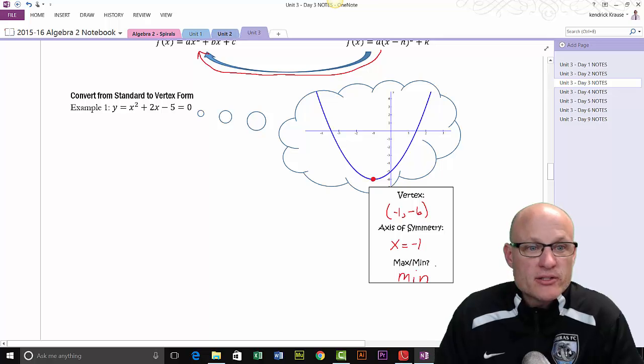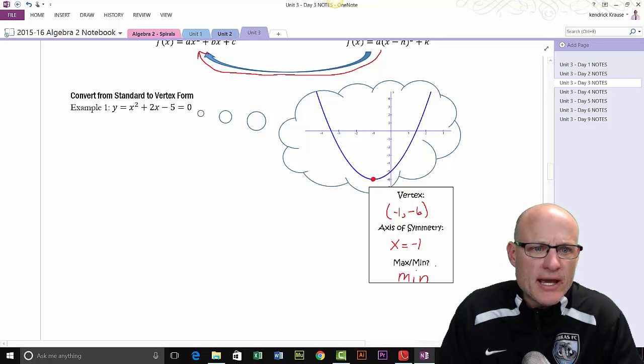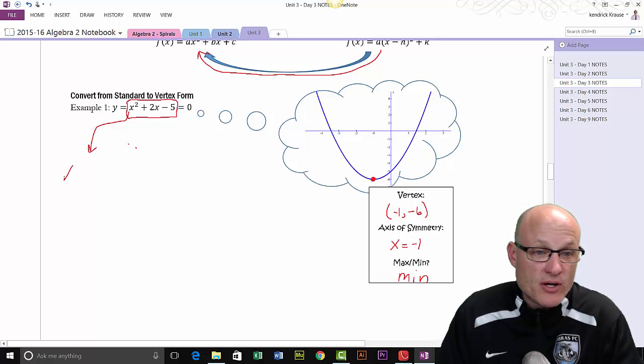So what we're going to do is take a look at this piece right here, and we're going to do a modified completing the square on this. So we say x squared plus 2x plus square minus 5. That's our new function.